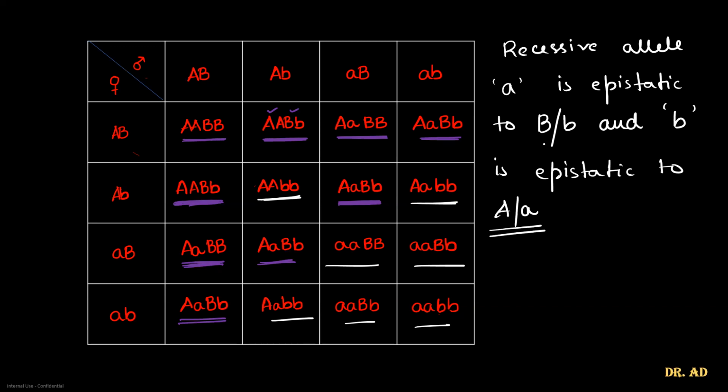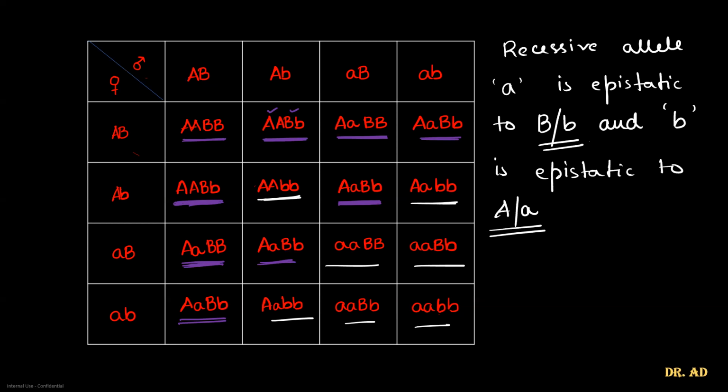This is very, very important. That means small a is epistatic to capital B, small b. Small b is epistatic to capital A, small a. Right?